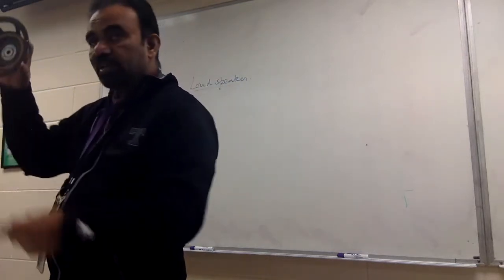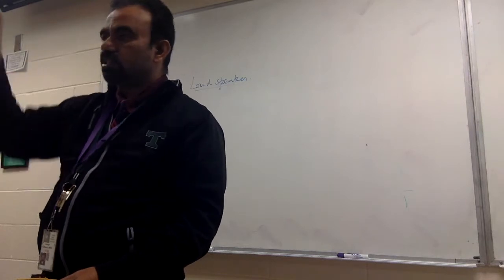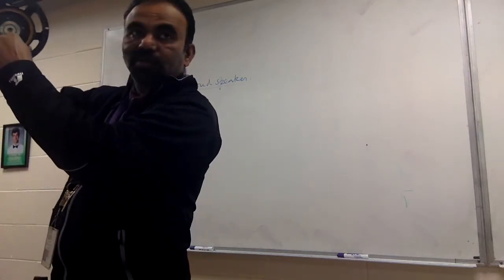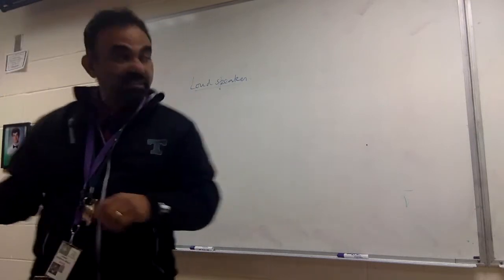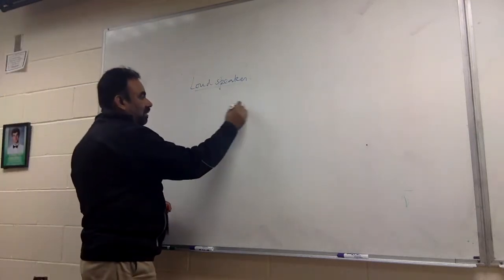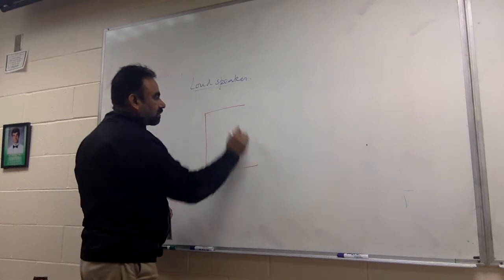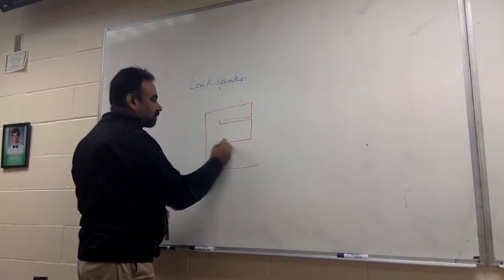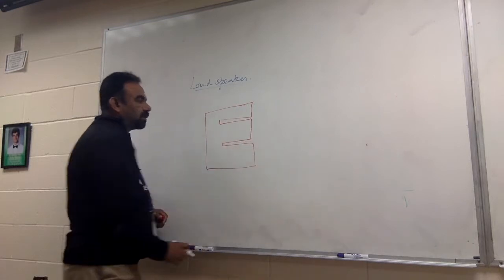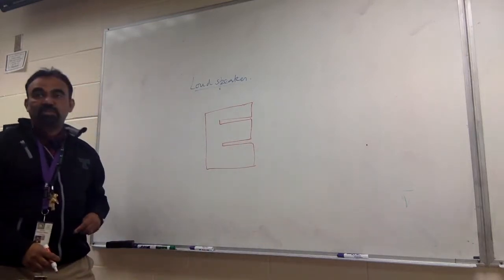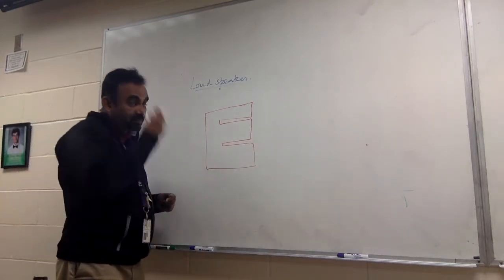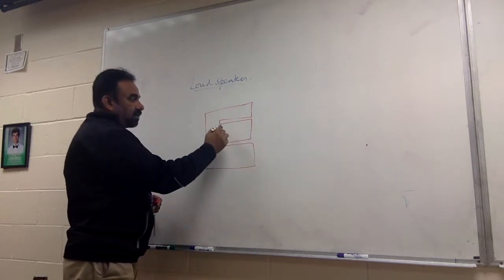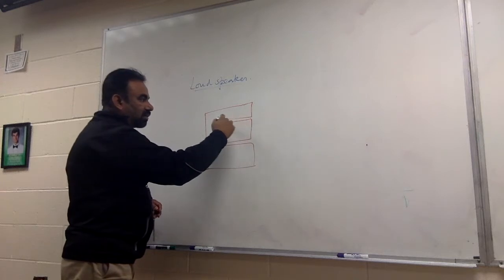So there's a magnet. Now that's a special kind of magnet, a cylindrical magnet. You can see a hole right in the middle. So the magnet is shaped like this, and the coil of wire goes like that.